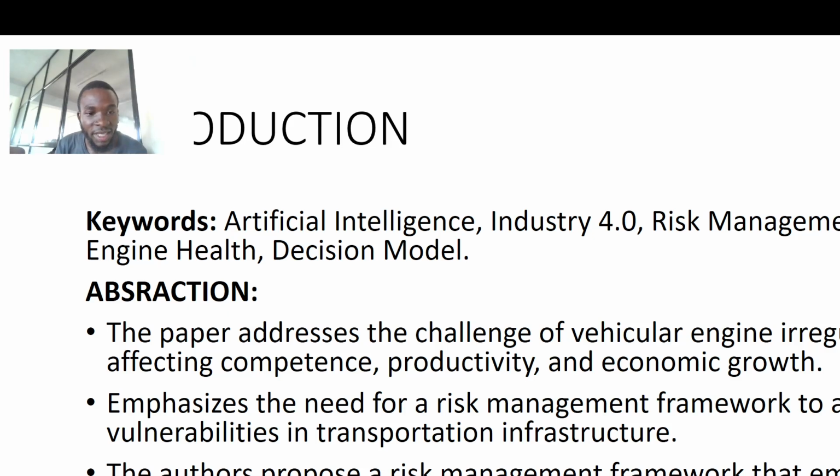The paper also emphasizes the need for a risk management framework to assess vulnerabilities in transportation infrastructure. So they're mainly focusing on the weaknesses in the transportation infrastructure by using a risk management framework.